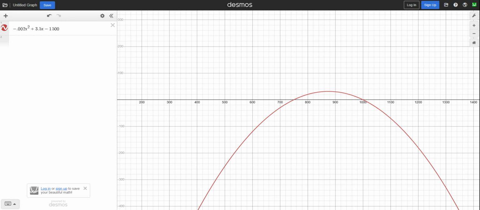Sometimes you have to find it. Click until it puts the dot in the middle. So 875 units, and the maximum is 3125. Yuck.